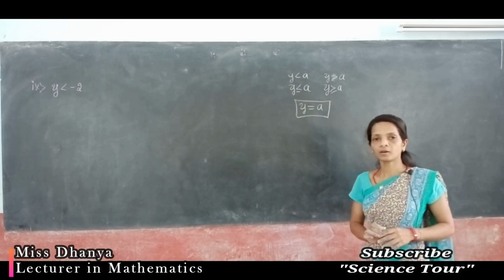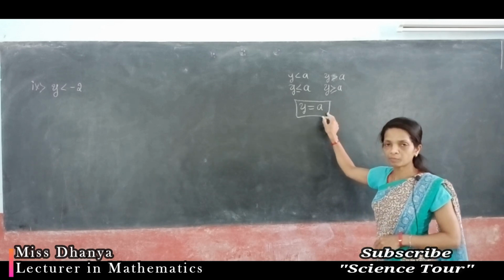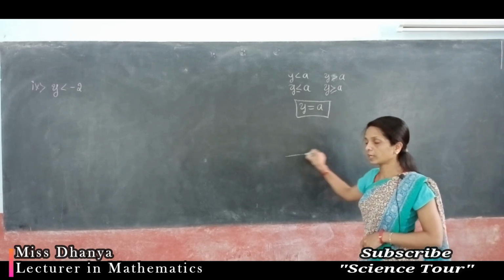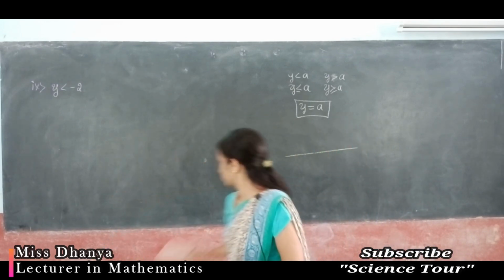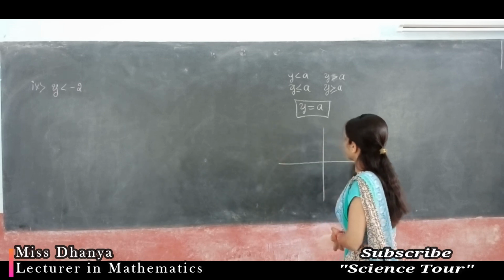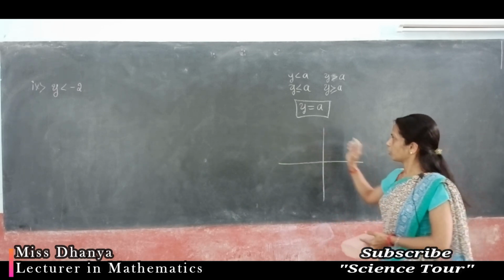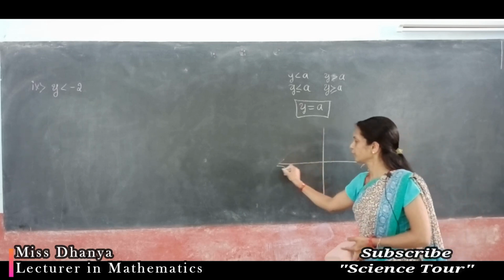You already learnt in lower classes that y is equal to some number is always which line? That is always a horizontal line. Suppose this is the Cartesian plane. y is equal to a is a horizontal line.